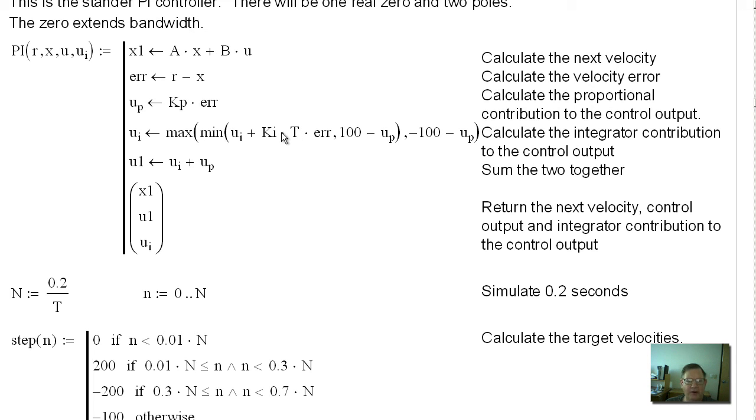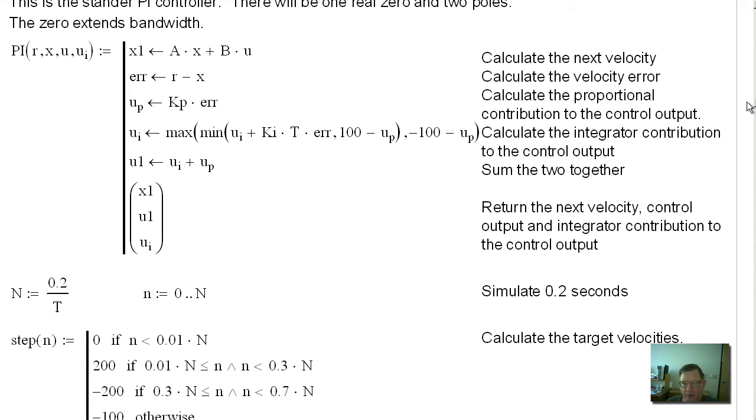The reason is that if you don't have the sample time integrated here, and I were to close the loop 4,000 times a second, you would add the integrator gain 4 times too fast. But since this number gets smaller, it compensates for the fact that it's sampling more often. That makes it so that the response should always be the same. You don't need to change the integrator gains.